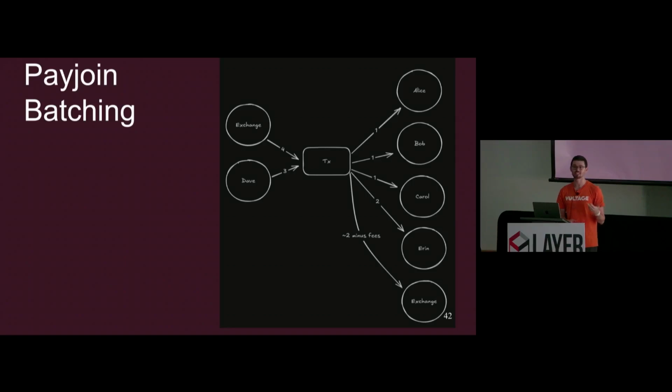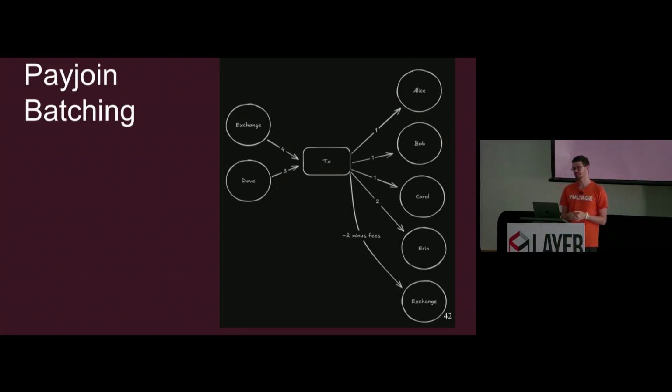Well, any exchange isn't just having people withdraw from it. It also has people depositing to it, right, at any given time. Why not make use of those to fund the withdrawal outputs? So here you have, let's say, Dave depositing 3 Bitcoin.